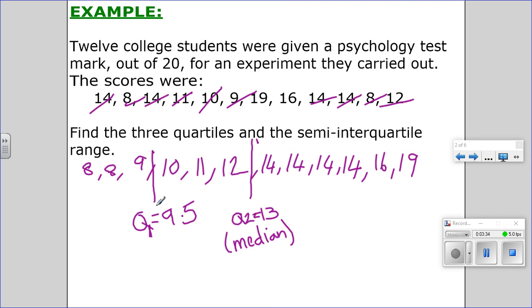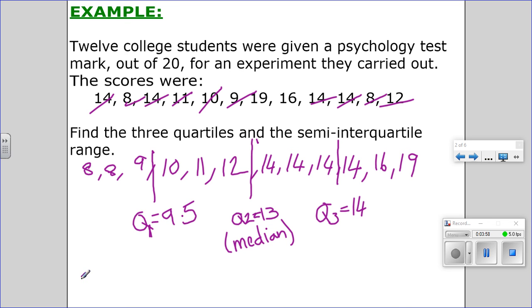The next 25% of my data is going to be between 9.5 and 13, which it is. Now I'm going to split the next set. So I've got 3 lots of 14 and a 14, so quartile 3 is at 14, and then I've got 15, 16, and 19. And that's me calculated my 3 quartiles.